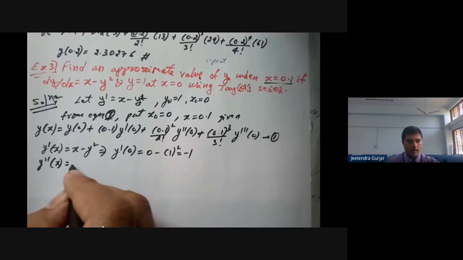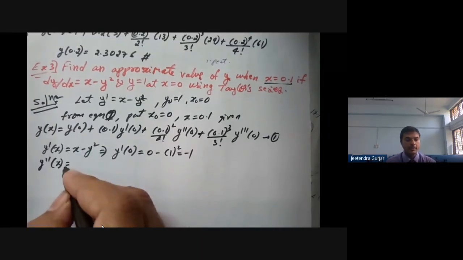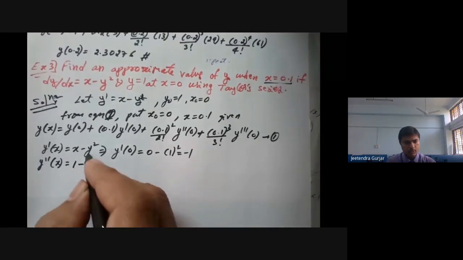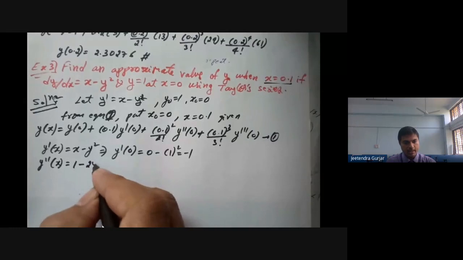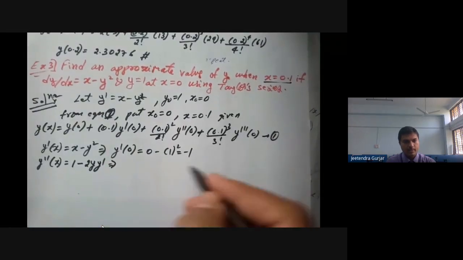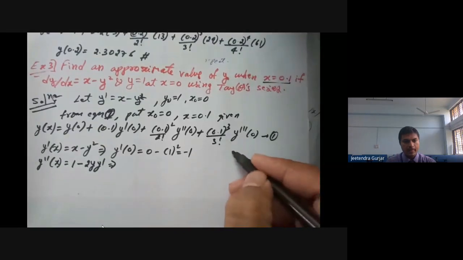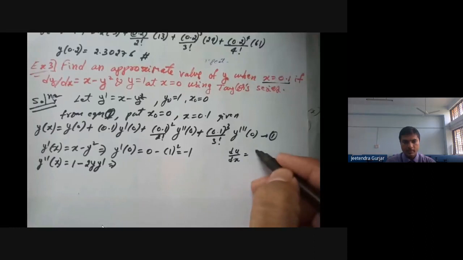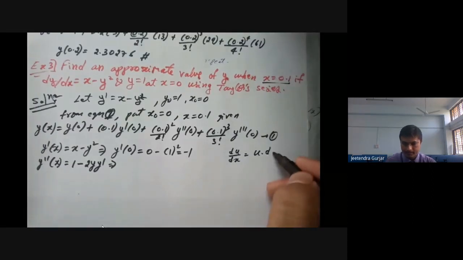Next go for y double dash. Differentiation of x is 1. Differentiation of y square is 2y y dash. Remember, students, differentiation of y square is 2y y dash. I will just tell you how to simplify this. I think some of your friends are getting confused here.